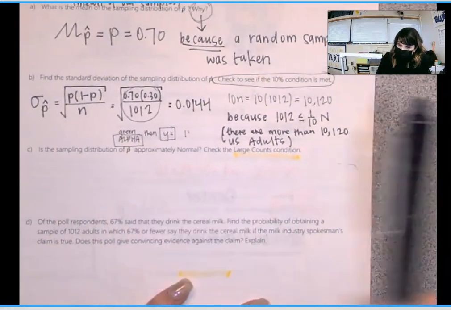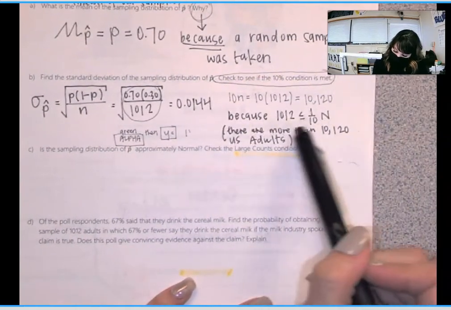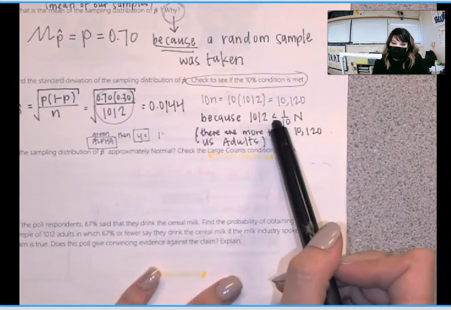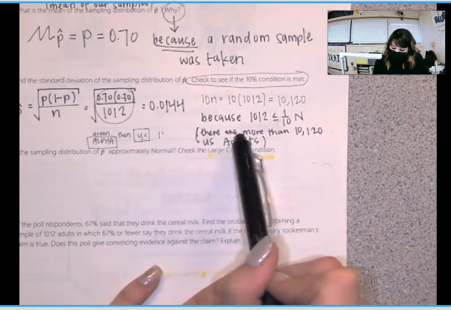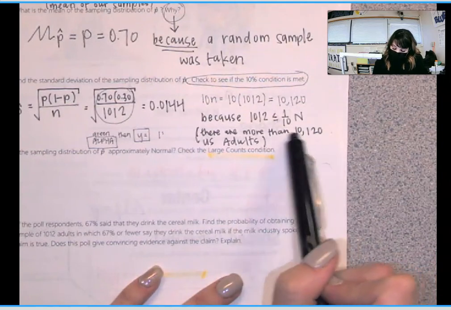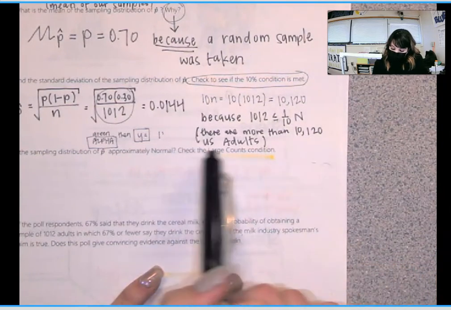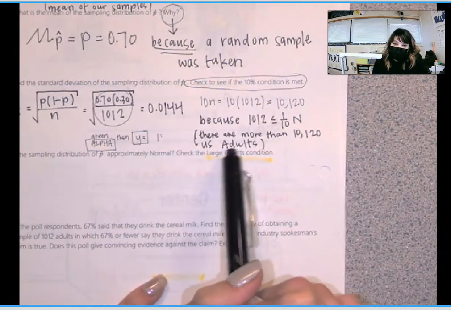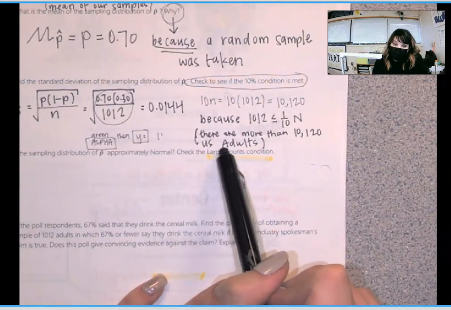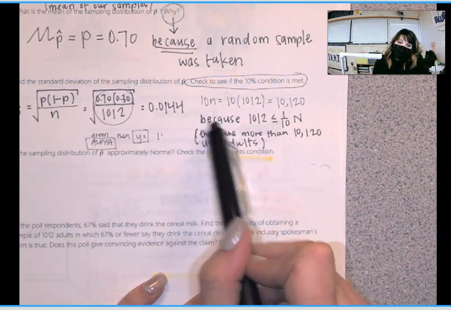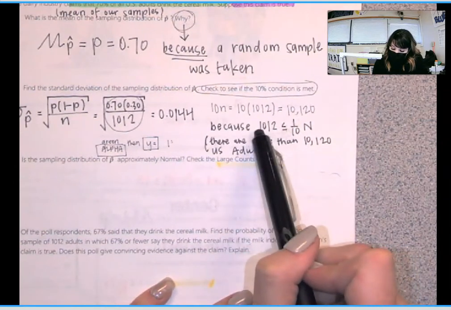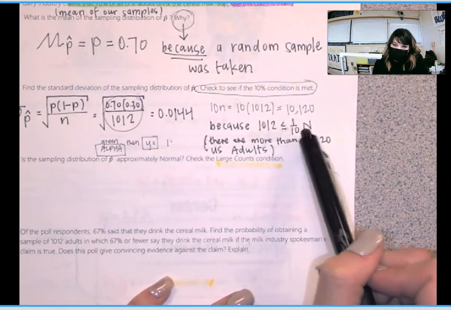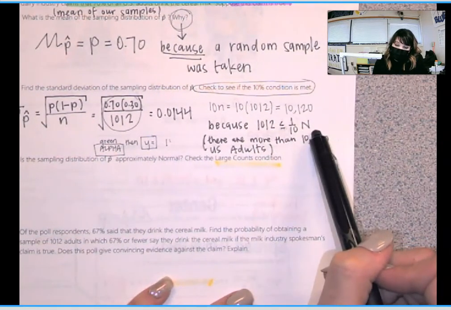But back to business. Okay, so we just checked our 10% condition. And I checked it by asking myself, is 10 times my sample less than how many things are in my population? So I said yes, I can calculate this because I know that 1,012 is less than 1/10 of all U.S. adults.